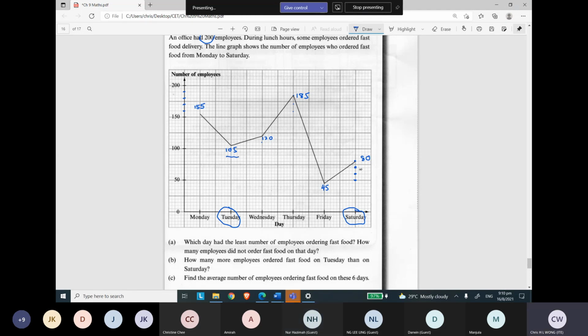How many order fast food on Saturday? 80. So how many more order on Tuesday than on Saturday? Take Tuesday minus Saturday. 25. How many more means the difference, you're just calculating the difference.